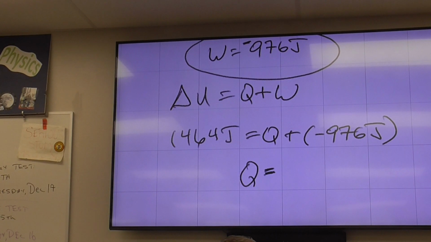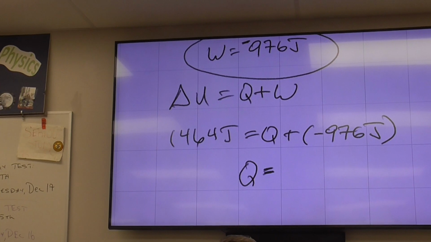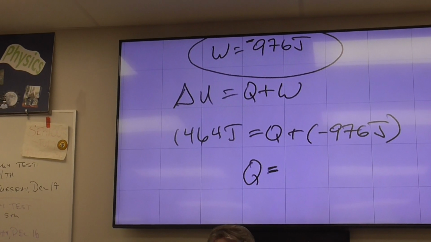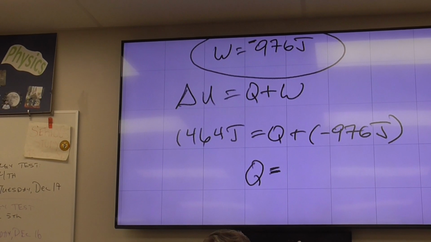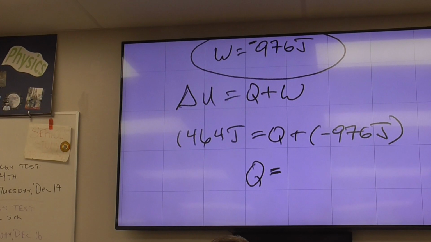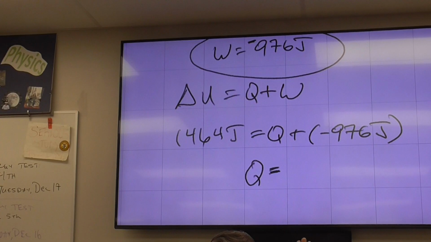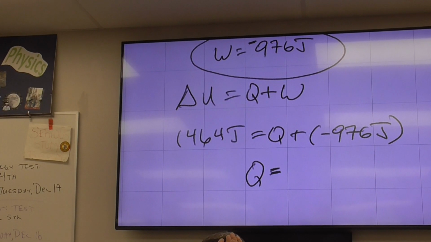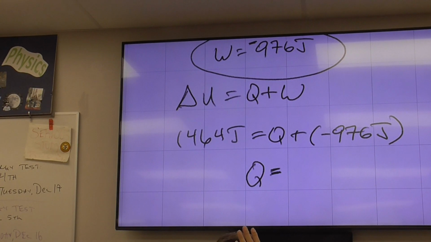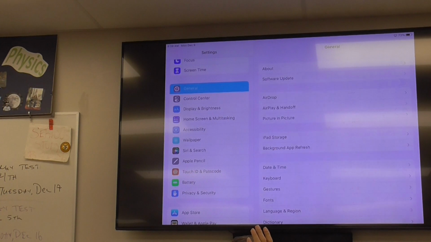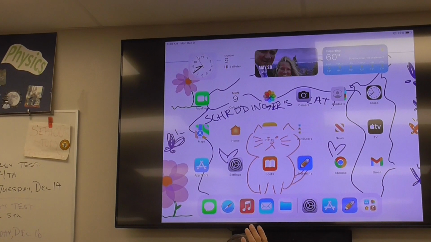You basically add 1,000 to 1464, so it's going to be about 2,440. I added an extra 4. Wait, it's 2440.